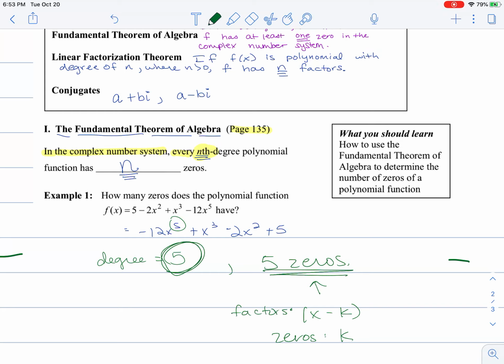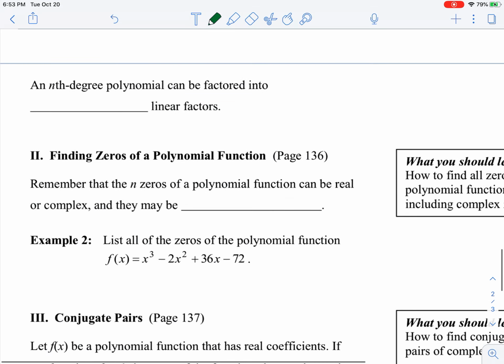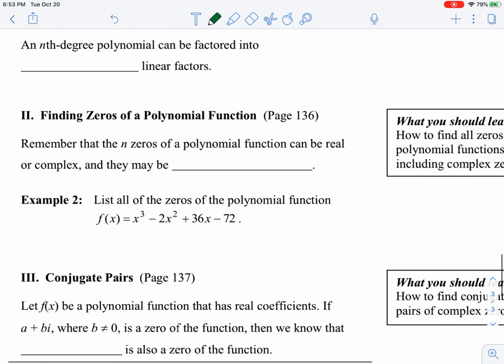Okay, so factors and zeros go hand in hand. All right, and an nth degree polynomial can be factored into n factors. So whatever number of solutions we have, the same number of factors. Again, factors and solutions go hand in hand.